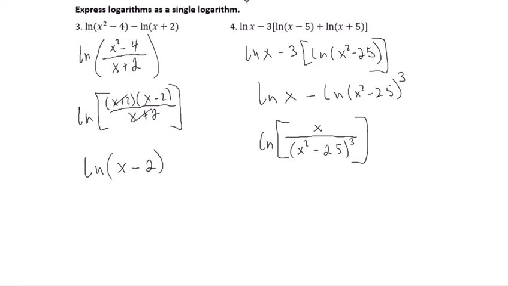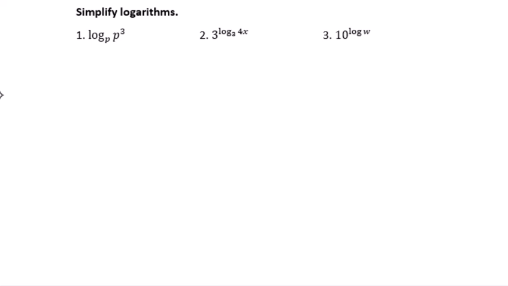All right, let's look at another one. Okay, so this is very similar to what we did in our last lesson. We have p to the p, so this is just 3. Right here, this base and this base agree, so that equals 4x. This 10 is the same as the understood 10 that's here, so this is w.